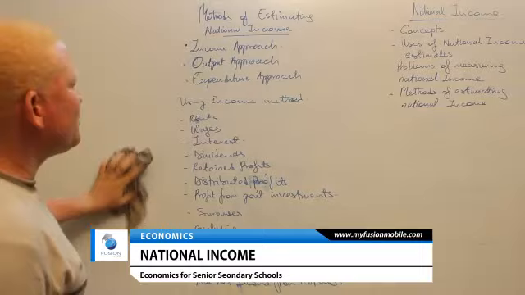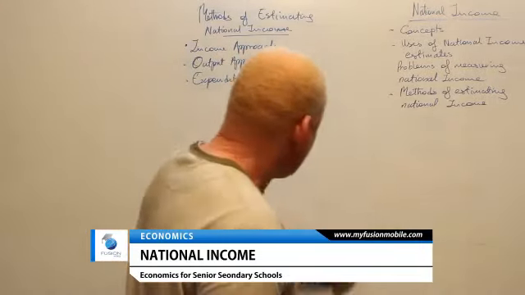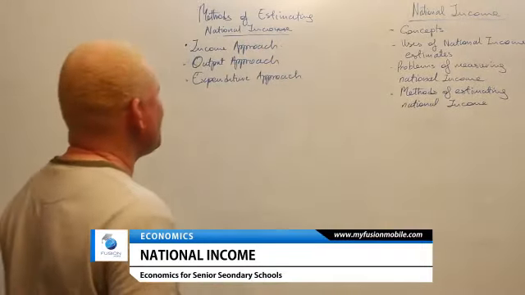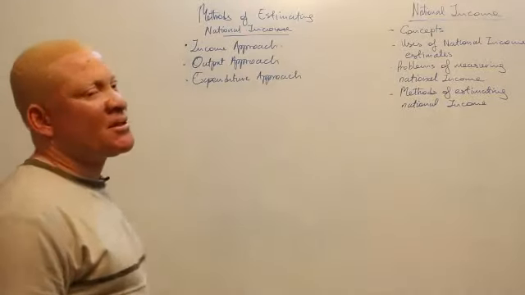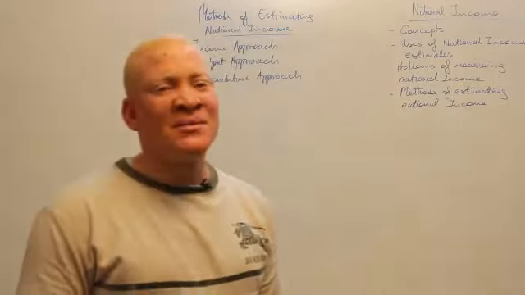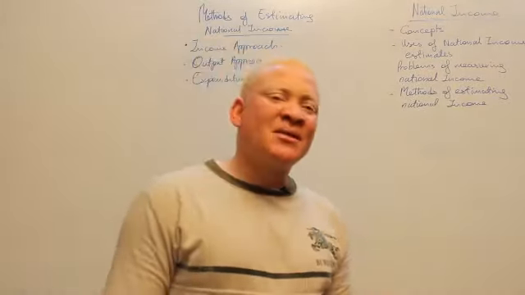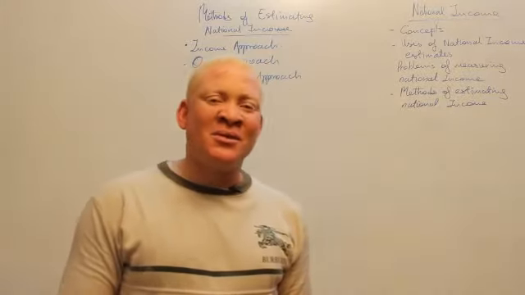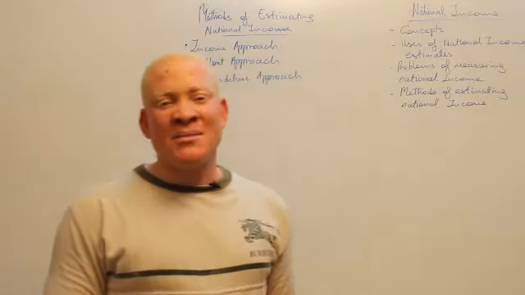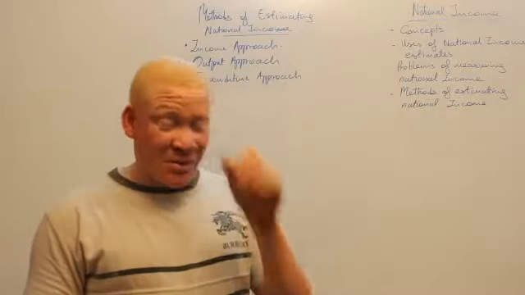Now, for the second one, which is the output approach. The output approach is a method of estimating national income by estimating the value of final products. Using this method, we don't estimate values of intermediate products. Intermediate products are products that are used to produce other ones.